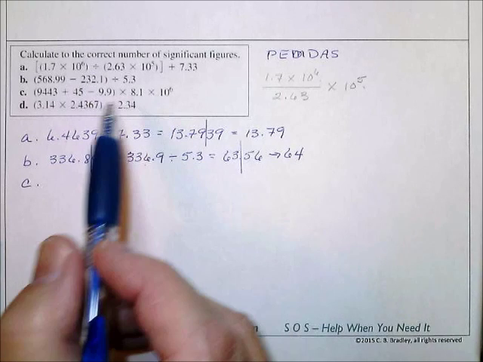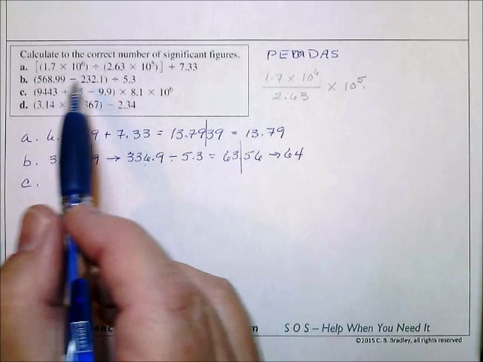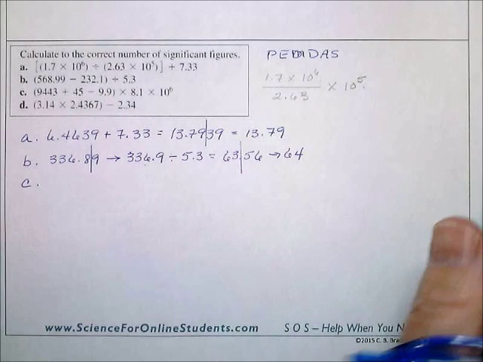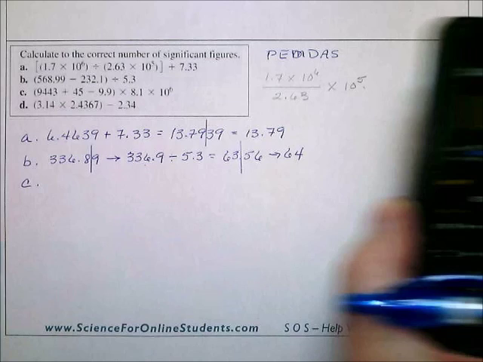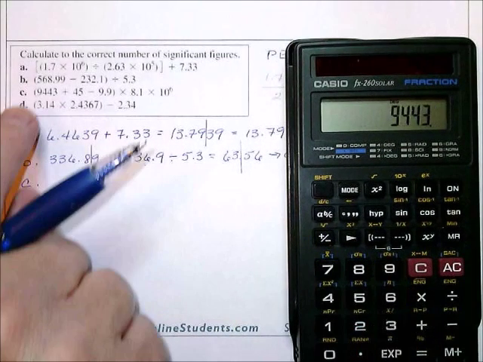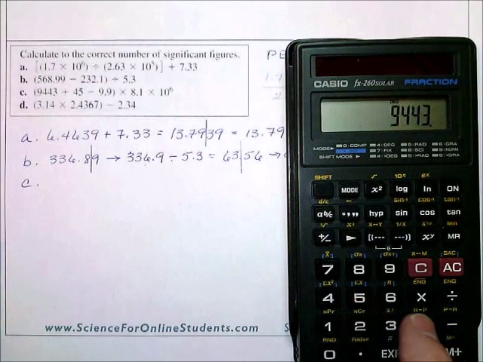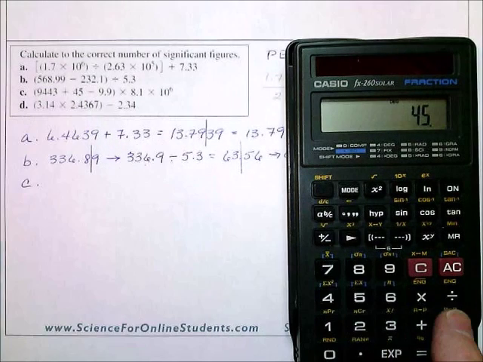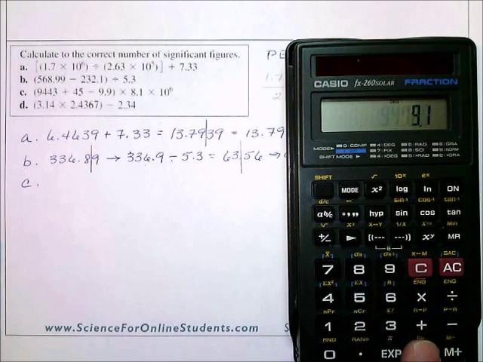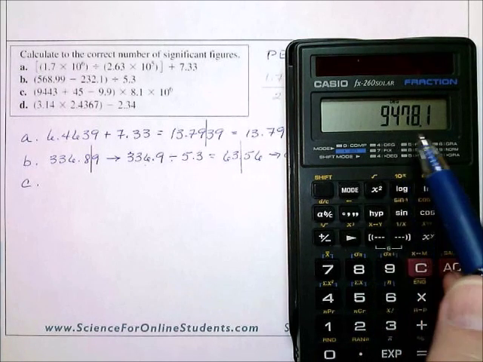So inside the parentheses, we do that first, then we do our multiplication. Inside the parentheses we get 94.43 plus 45 minus 9.9 equals 129.53.